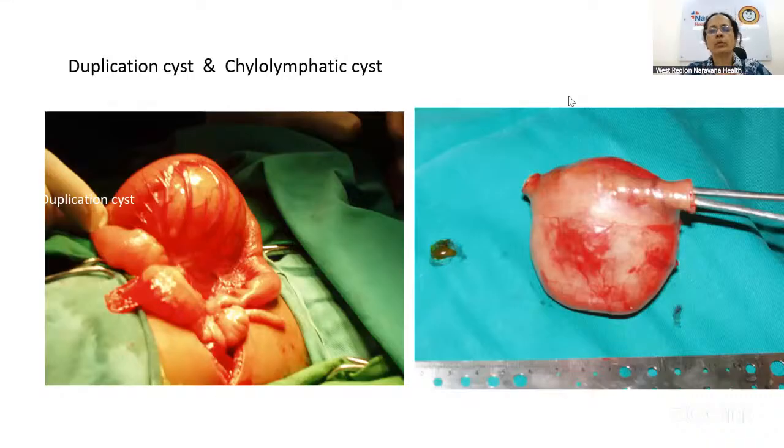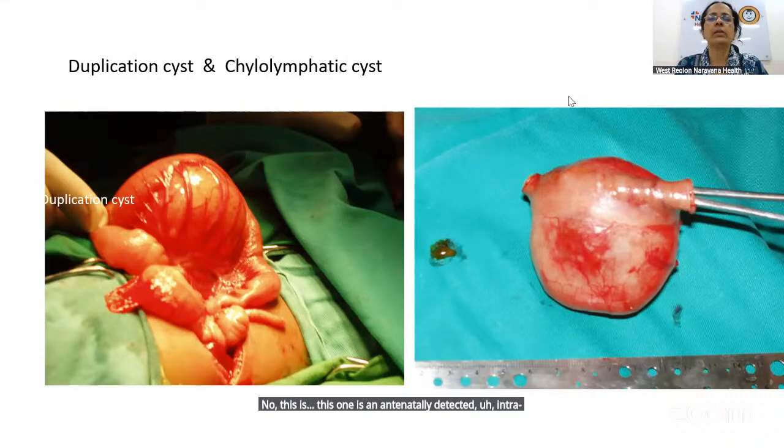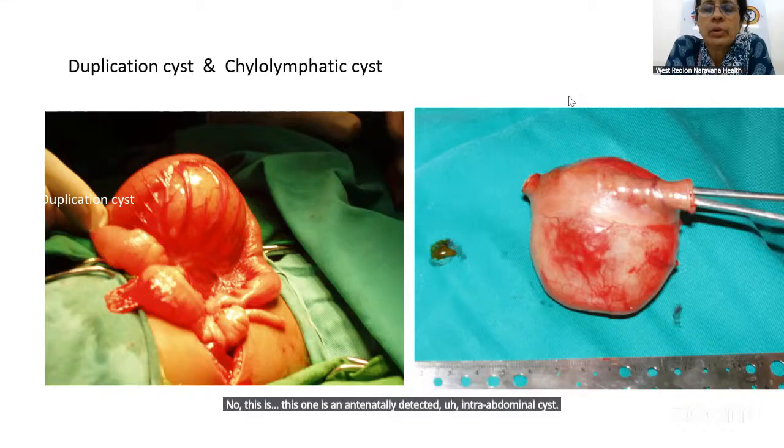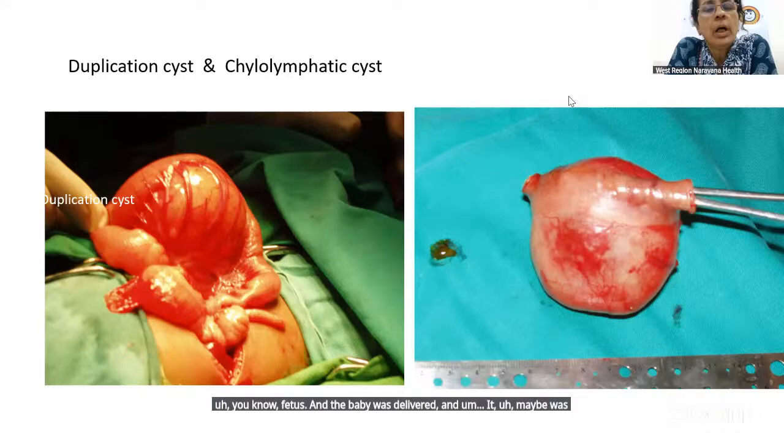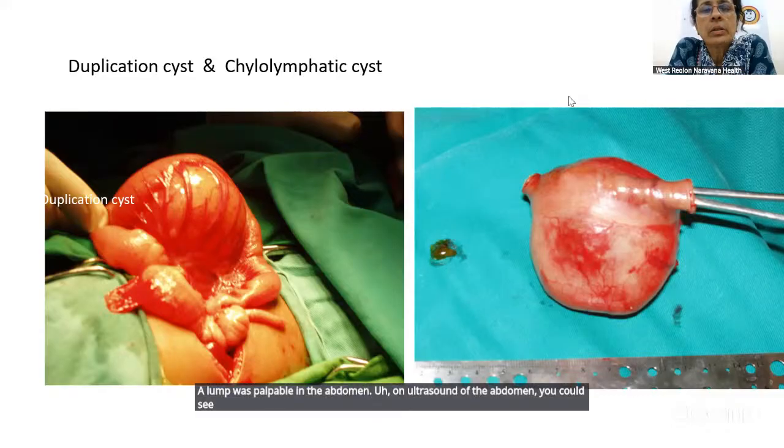Now, this one is an antenatally detected intra-abdominal cyst in a fetus, and the baby was delivered, and the baby was on full feeds, and a lump was palpable in the abdomen. On ultrasound of the abdomen, you could see a gut signature sign.